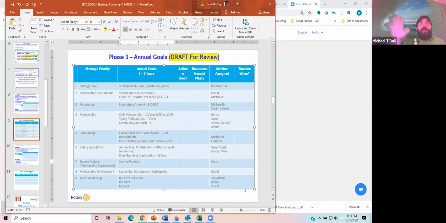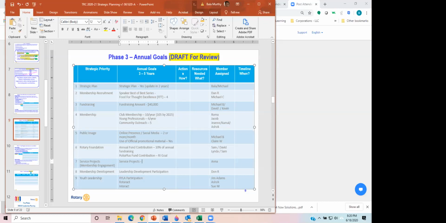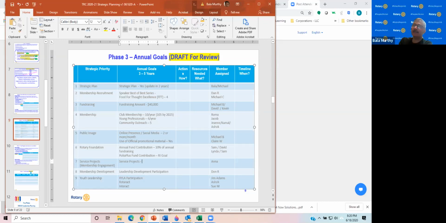So 5 of those would be Hope Warming Center, right? I don't know how she came up with that. Michael, you probably know how she came up with that. She said it was 18 this year. Well, I thought her goal was to reduce. How about this? Why don't we put 20 with a question mark?